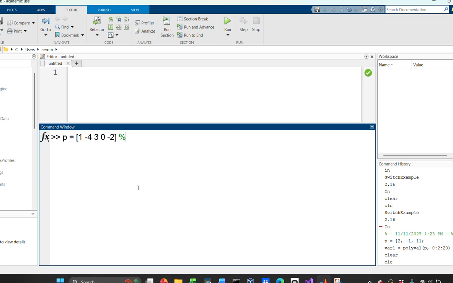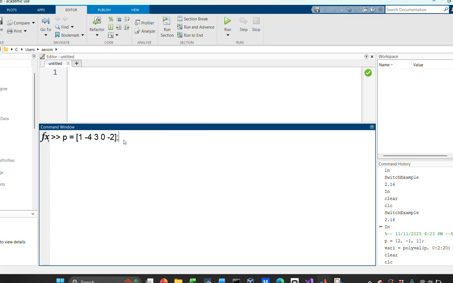It would look something like this, and I'll erase it in just a minute. x to the power of 4 minus 4 times x to the power of 3 plus 3 times x to the power of 2 minus 2. Notice there was no x term. That's because the coefficient for it was a 0.